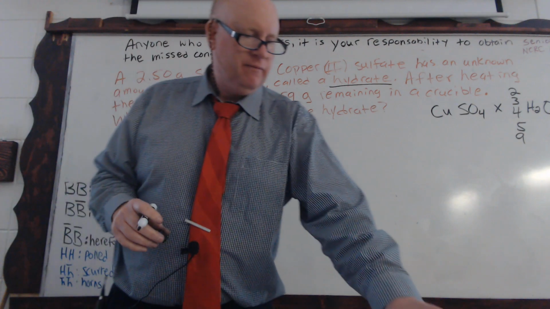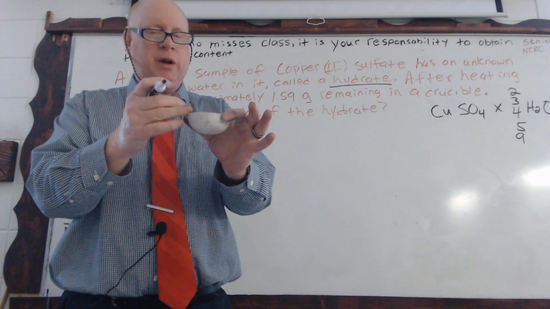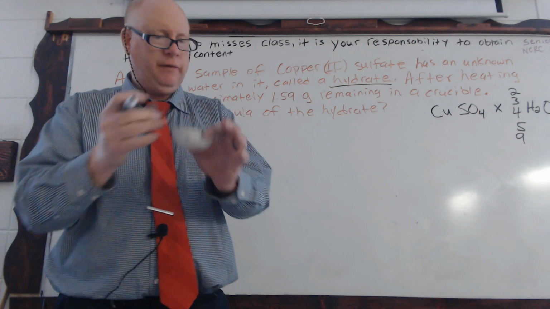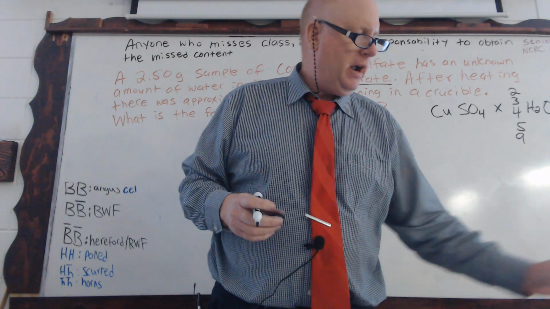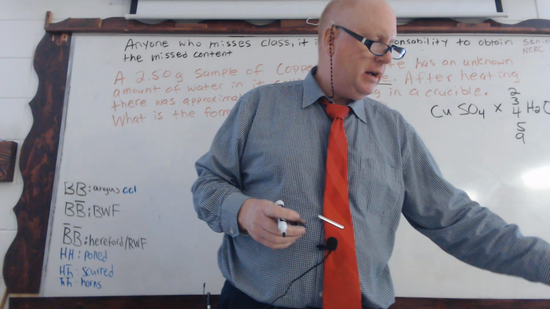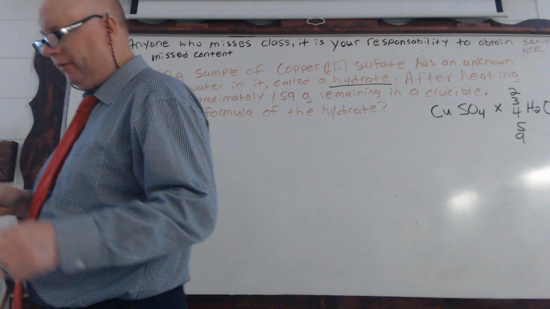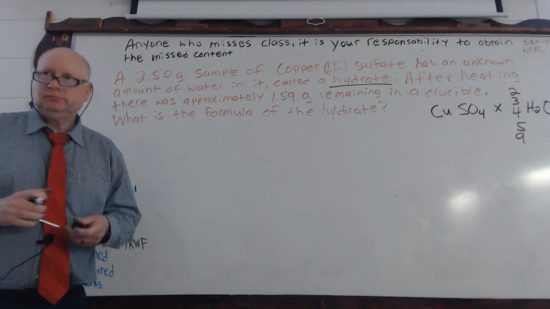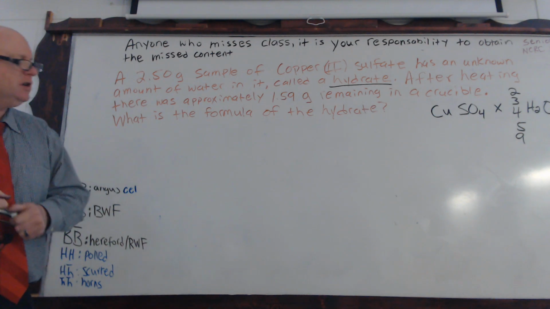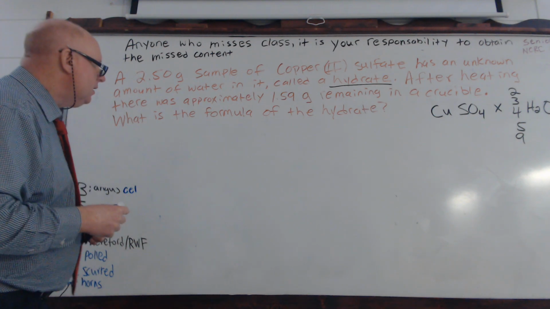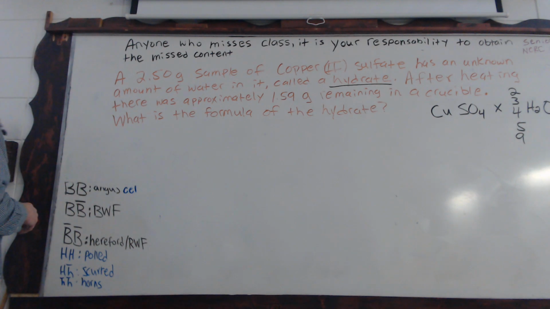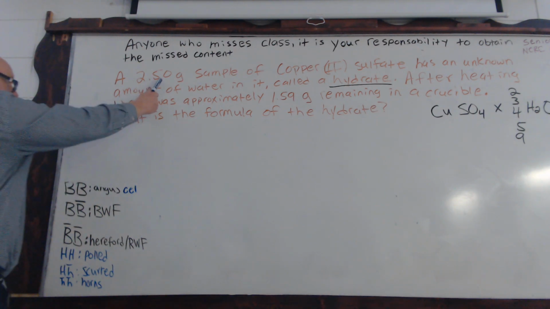So then, in this example, you have 2.5 grams of copper 2 sulfate in here. And then what happens is you are heating it up and you're driving that water off. So you're evaporating the water. Yeah, I suppose you could say you're evaporating it. That's true. So how we determine that is as follows. We started with this.